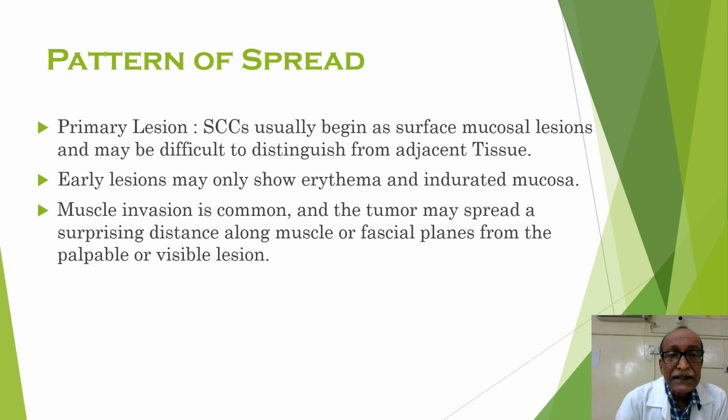We will skip these slides because pattern of spread means, if a tongue cancer is there, where will it go most likely? If a nasopharynx cancer is there, where will it go most likely? Like a salivary gland tumor, adenoid cystic carcinoma, it has a very interesting way of spreading.